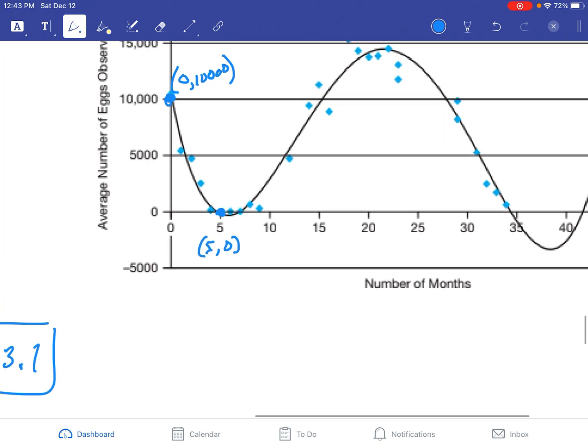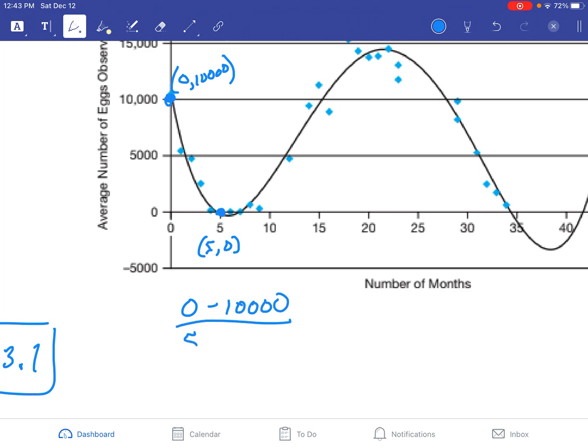So for our y2, I'm going to use 0 minus 10,000 over 5 minus 0. So I'm going to have 10,000 over 5, which is equal to 2,000.